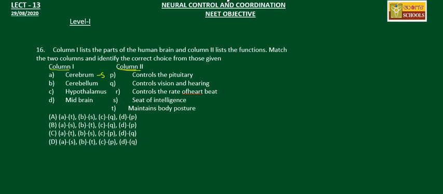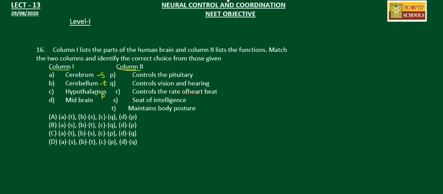Then coming to cerebellum. So cerebellum will help in maintaining body posture. So that is T. Then coming to hypothalamus, the hypothalamus will help in controlling the pituitary gland. So it controls the pituitary gland here.